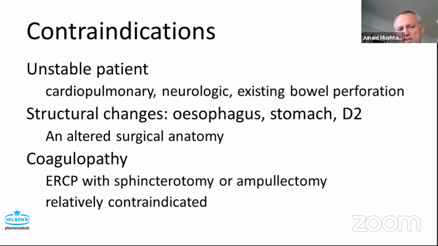Another contraindication, and again relative, is structural changes. So strictures in the esophagus, stomach or duodenum. It's more than once I've been challenged by a referral for a stricture and an ampullary problem, only to find that there is a coexistent new undiagnosed cancer in the distal esophagus.